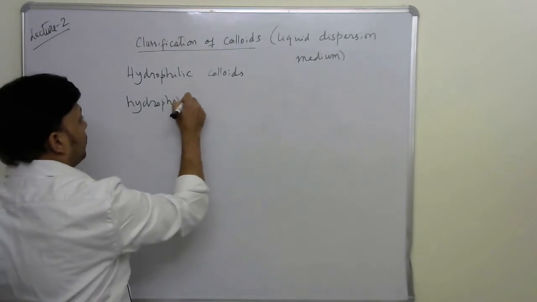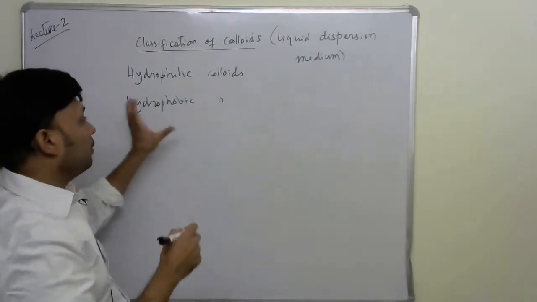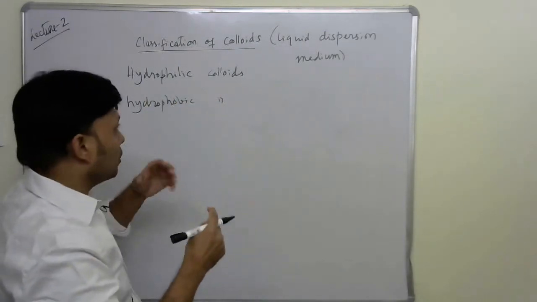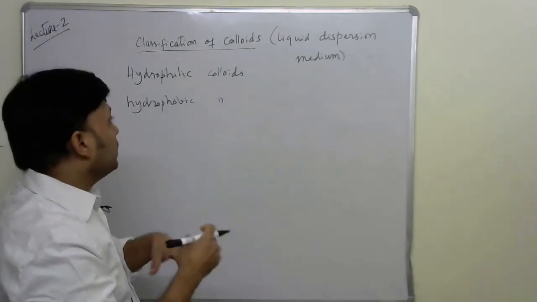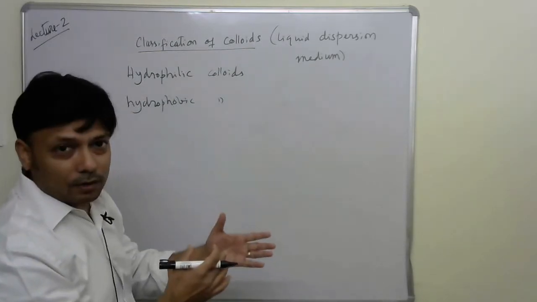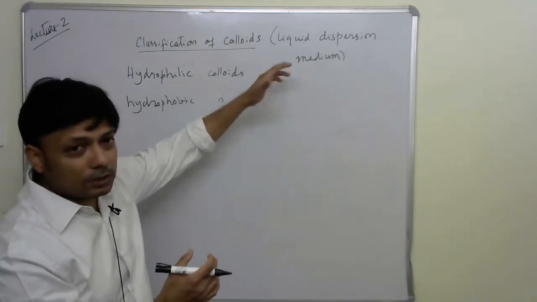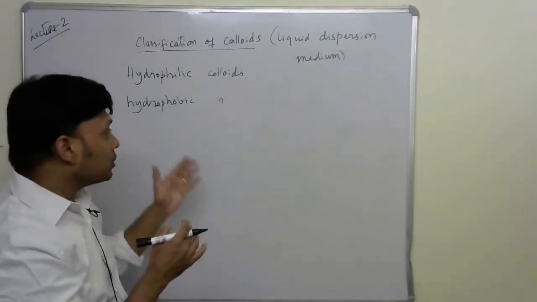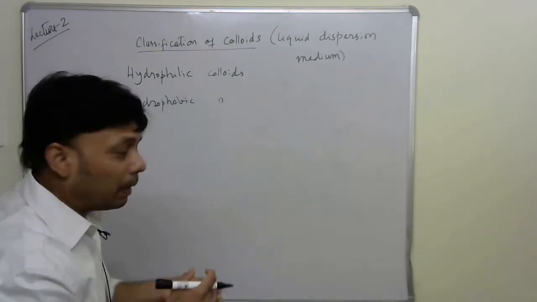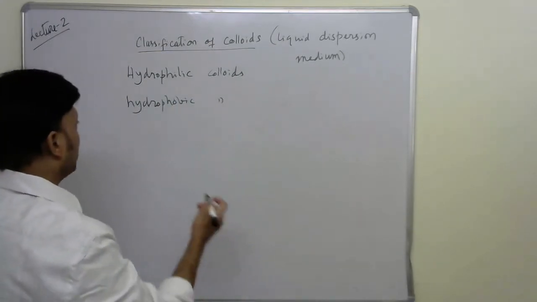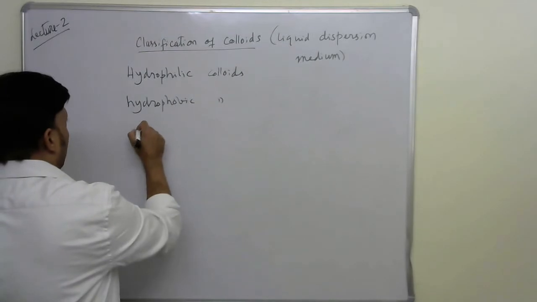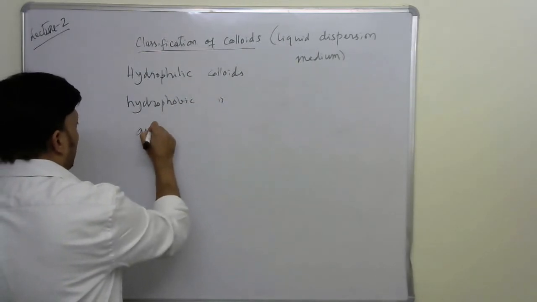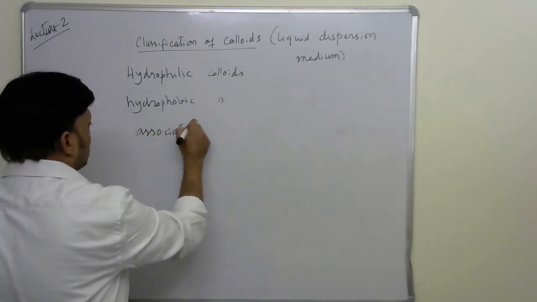From their names, you can easily associate: hydrophilic means colloidal materials that like to be suspended in water, and that's why I said liquid dispersion medium. Hydrophobic means they tend to stay away from water, so they love mainly organic solvents or non-polar media. And then another category is called association colloids.